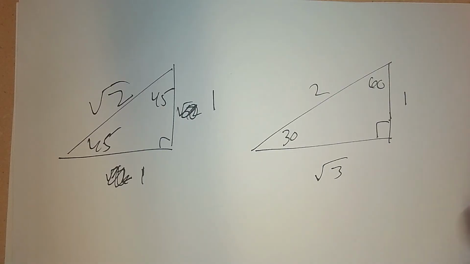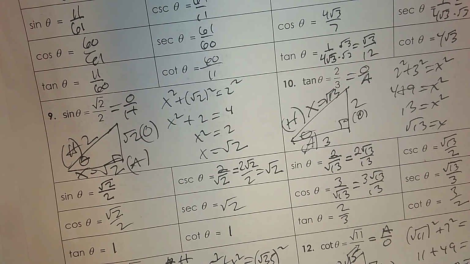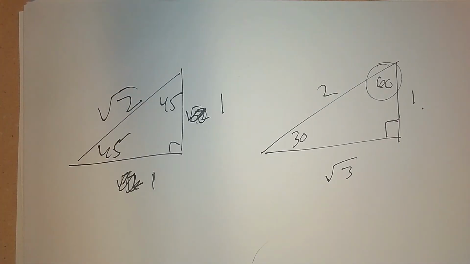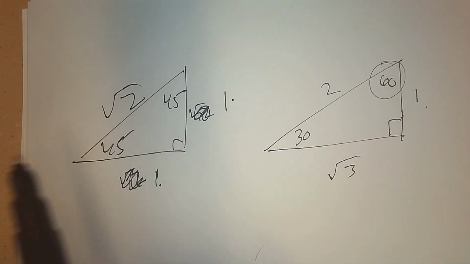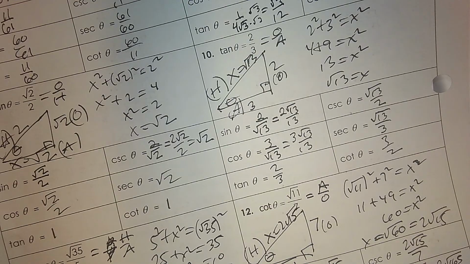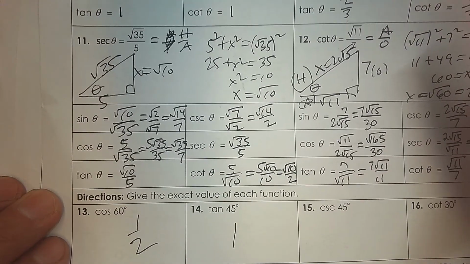So cosine 60 for that question. What's adjacent over hypotenuse? And it's 1/2. Tangent 45. So tangent is opposite over adjacent. Either 45 will give you the answer. 1 over 1, which is 1. Cosecant 45.